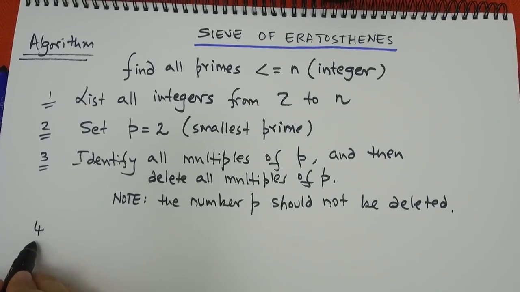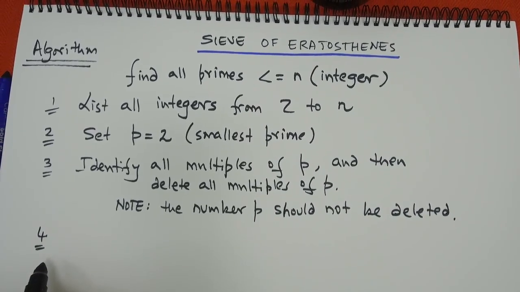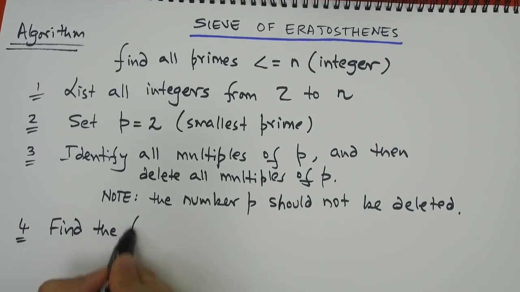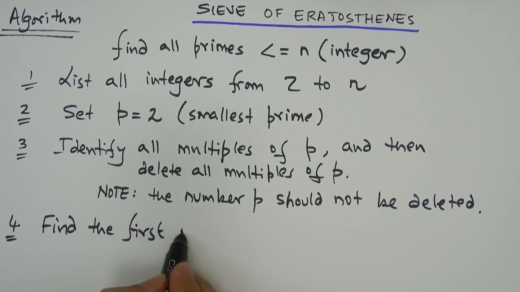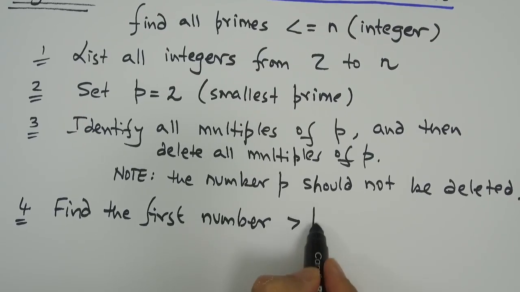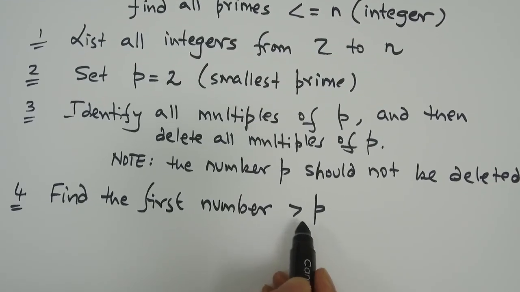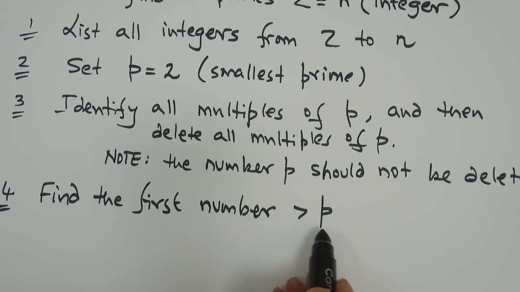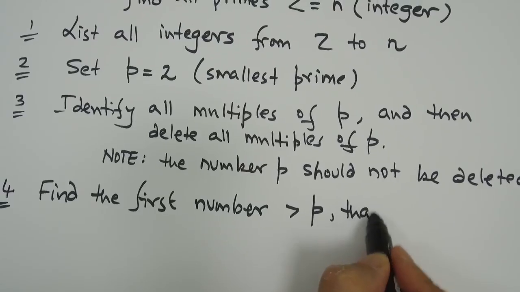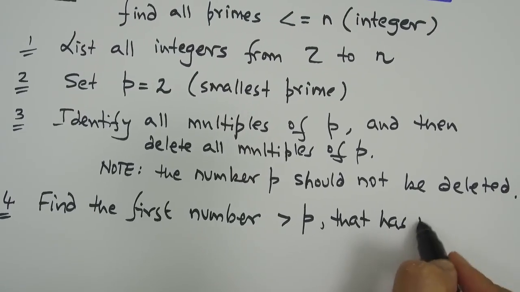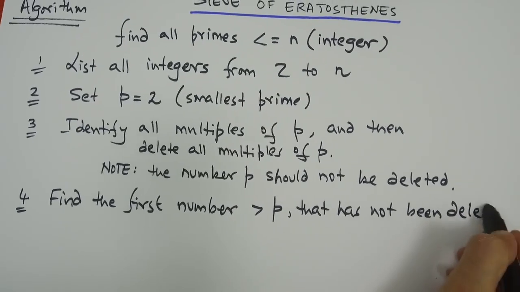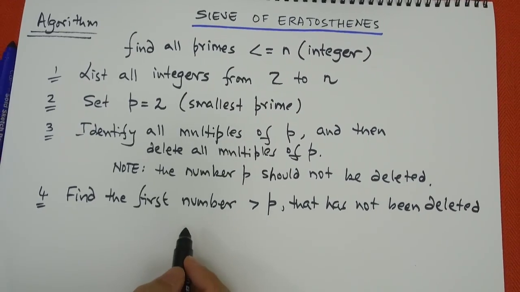Now we get on to the fourth step: find the first number that is greater than p, that's the symbol for greater than, that has not been deleted.